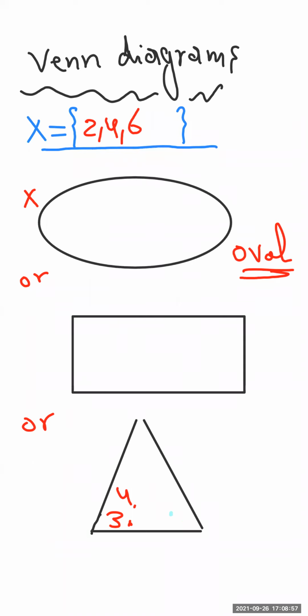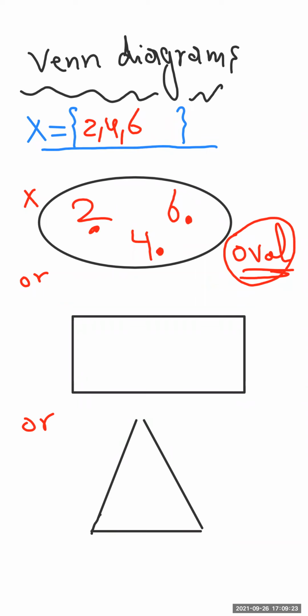As I told you, they are all correct, but the most common one we will always use is the oval. So to represent x, which is equal to 2, 4, and 6, the oval is the most used.